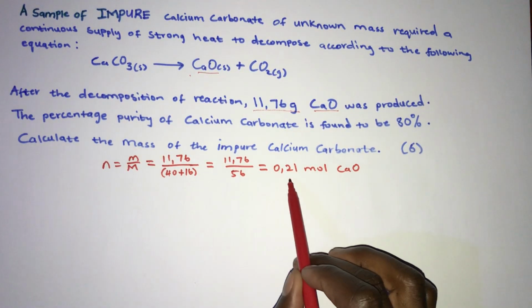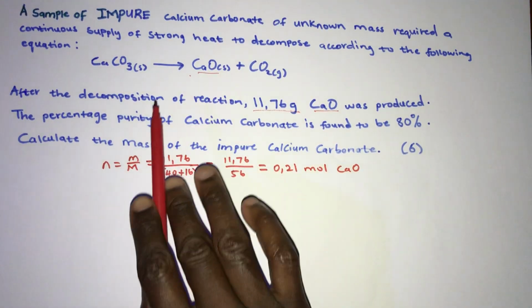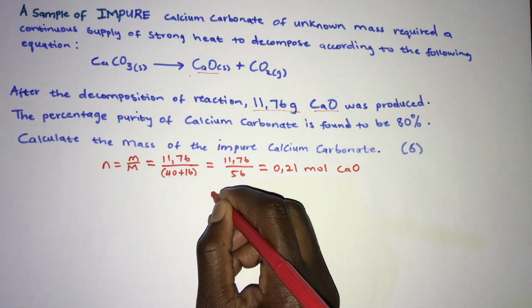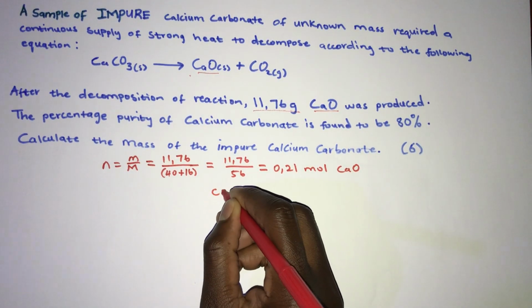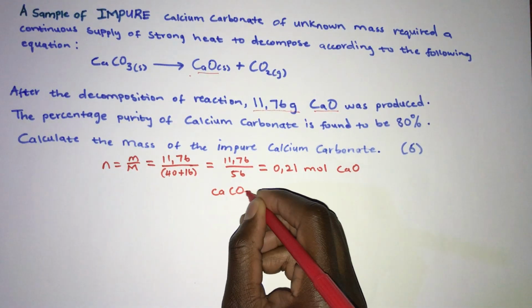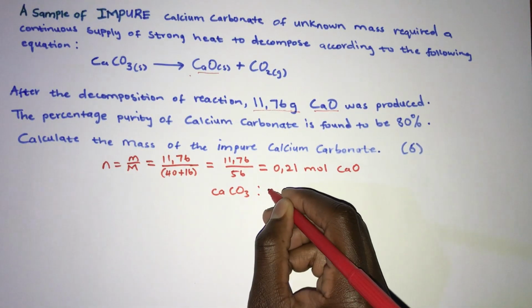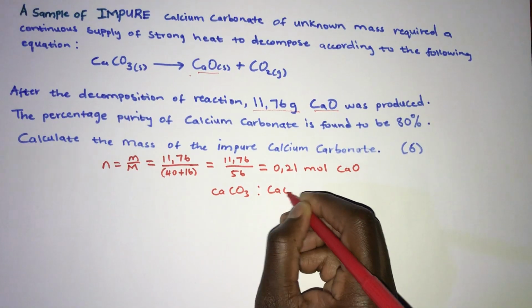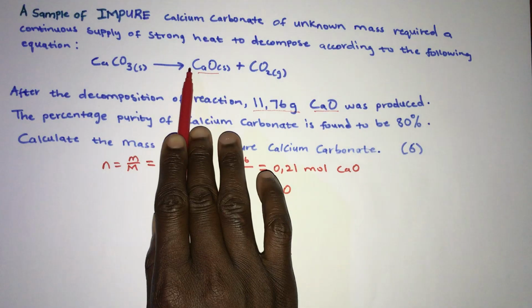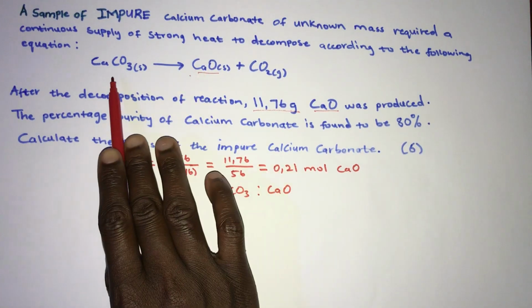Now, since we have the number of moles, we are going to use the mole ratio, the same as the last one. So the mole ratio is CaCO3 is to CaO. Let's check the ratio. The coefficient is 1 is to 1.